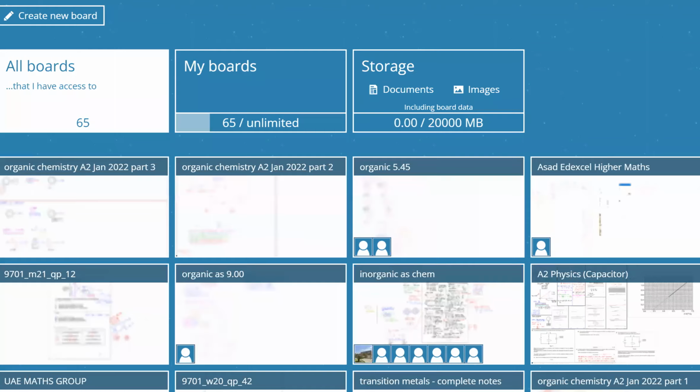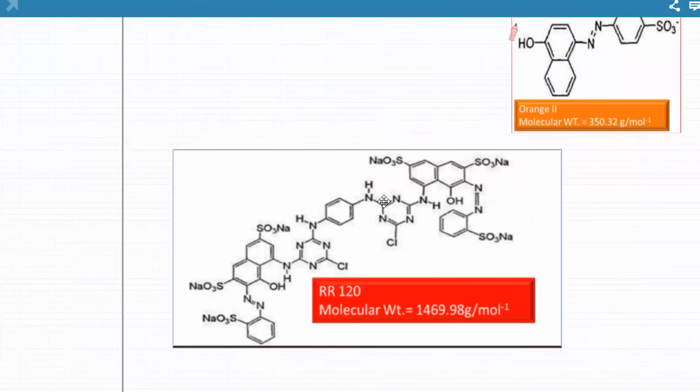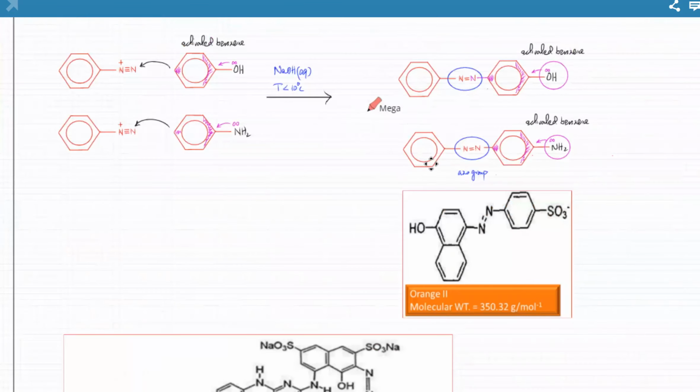Anyways, this is another diagram, so you can have a look. The basic idea is, this is your azo dye. This is the basic structure that would probably be present in every dye. Is this clear?